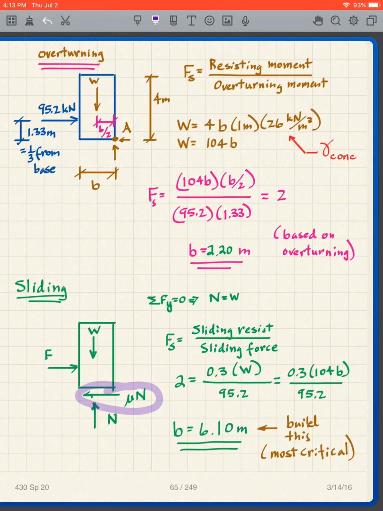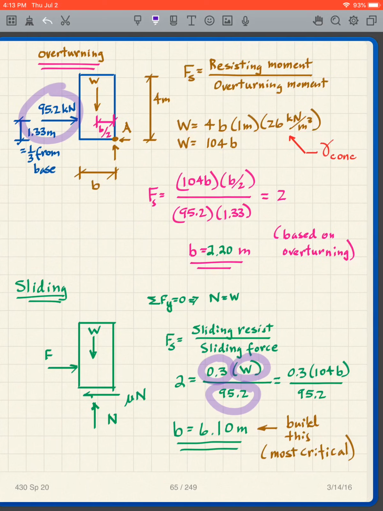Well, my sliding resistance is this mu times N, and the sliding force is my F. We've already figured out what the F is. My coefficient of friction is 0.3. So N is equal to W, so 0.3 N is equal to 0.3 times W. We've already figured out the sliding force is 95.2. We can see it from up here.